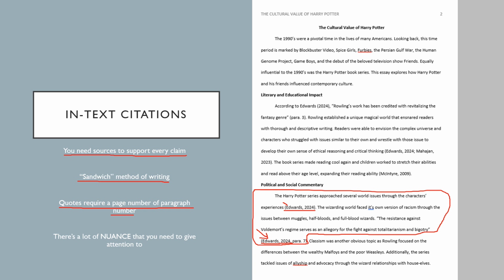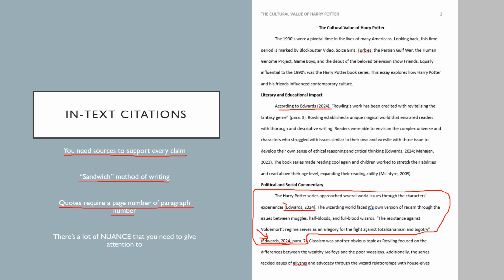But let's look at a sample quote here in paragraph 2. According to Edwards, 2024. So this is one way that we can reference the author. Again, I didn't say according to John Edwards, the author and most amazing human of the Rolling Stones, right? I'm just saying according to Edwards. That's who wrote this. And then the year of the reference.